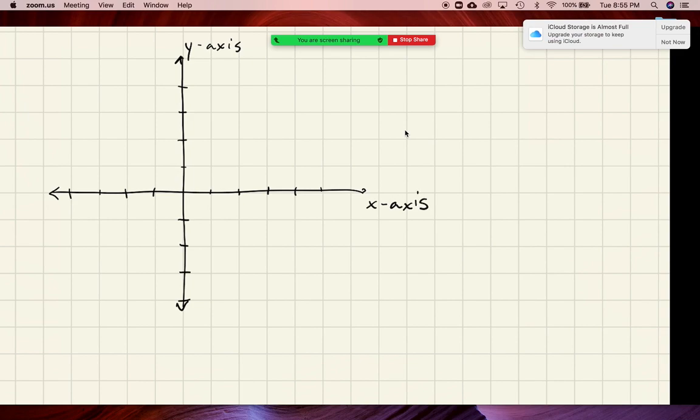Positive is on the right side for the x-axis. Negative is the left side for the x-axis. And let's say positive is upwards on the y-axis.